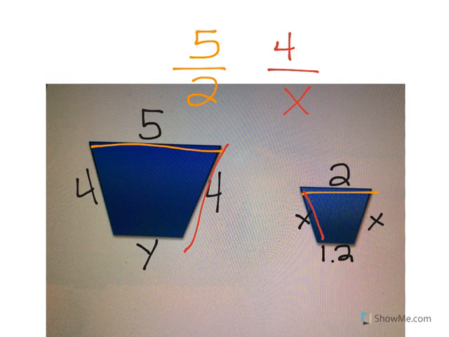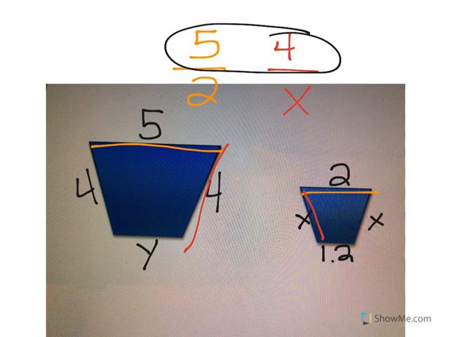Notice that 5 and 4 are both on the top of the ratios, and they both come from the same shape. That was done on purpose. So in between these ratios, I'm going to put an equal sign, because that's how we solve a proportion. So now I'm going to use the strategy of cross multiplication, which we've been doing to solve proportions with percents.